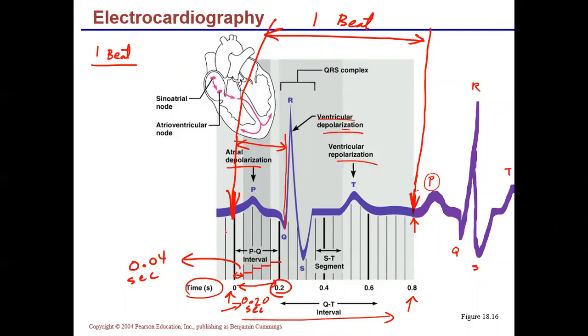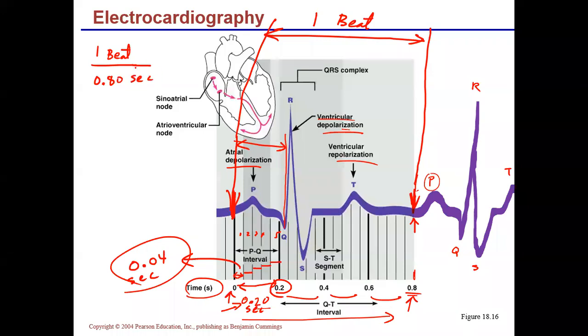If you want to count every single one, 1, 2, 3, 4, 5, and then multiply by that number, you could do that too. Or you could simply go 0.20, 0.20, 0.20, 0.20, which they already did for you. So in other words, that would be 0.80. Now, that's how long it's going to take for 1 beat.